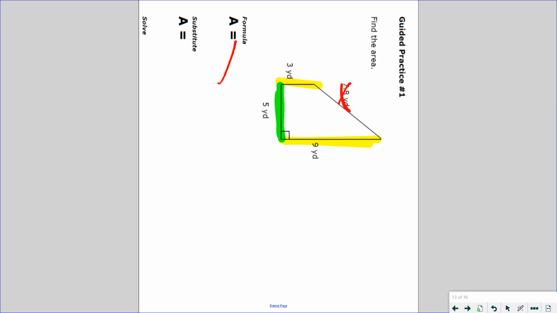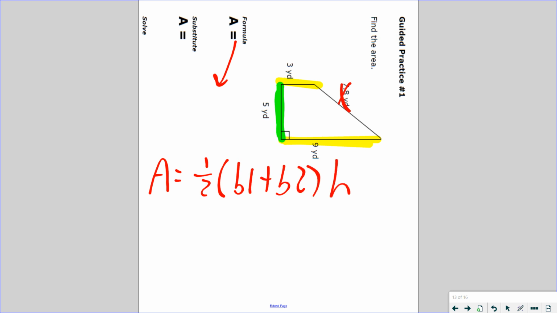So the formula right here is area equals 1/2 of B1 plus B2 times the height. So what are the two bases? This is 3 and this is 9. 3 plus 9. What's the height? 5. 3 plus 9 is, order of operations, 12.